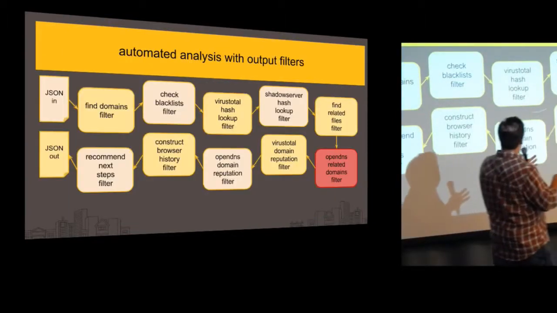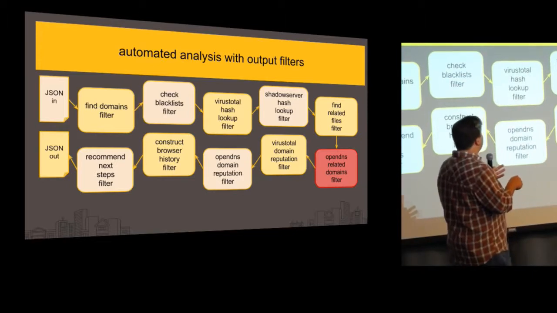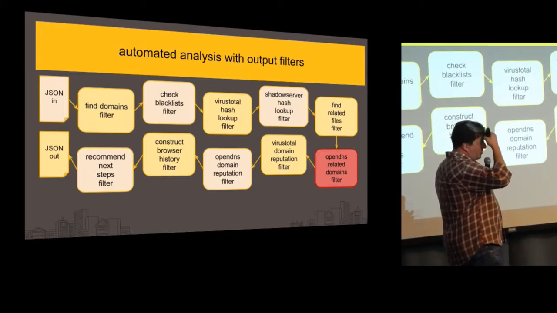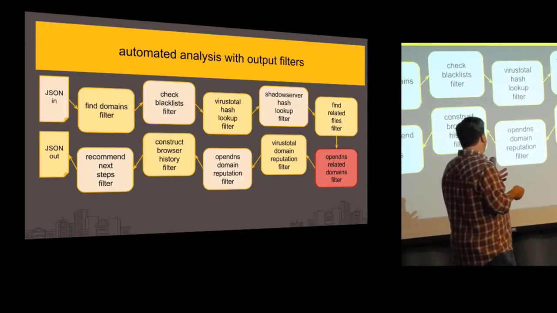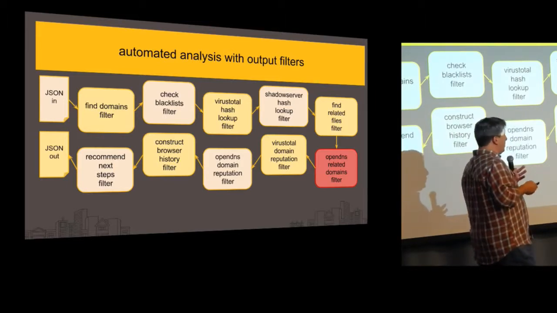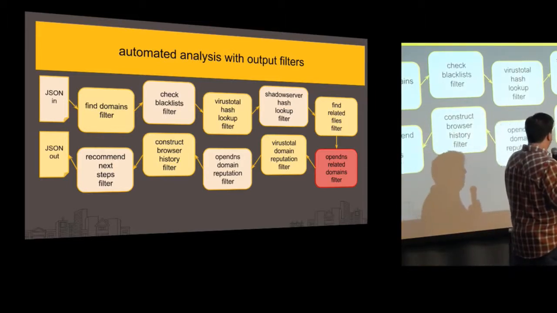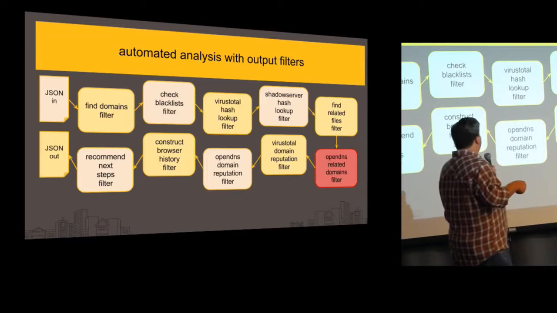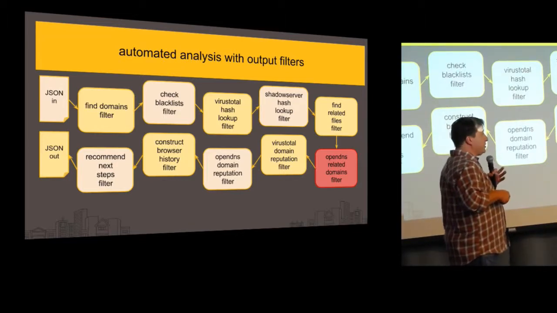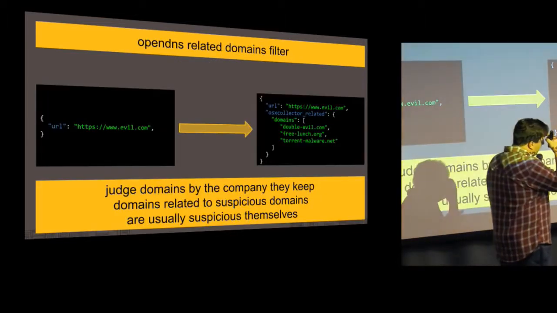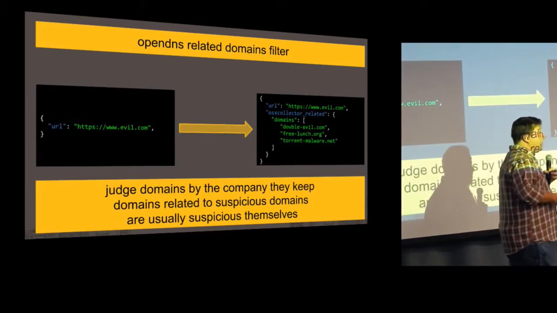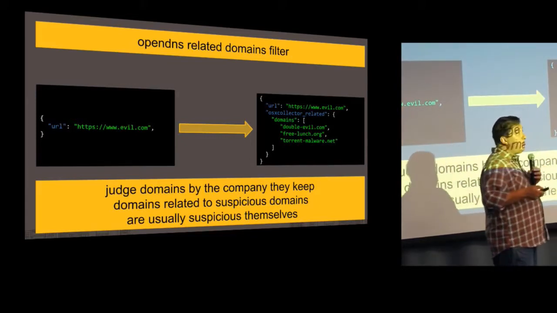So we do some other cool stuff. We go and talk to a bunch of services over the network that give us cyber threat intelligence. That's like a fancy buzzword, but I like fancy buzzwords. So we'll talk about the OpenDNS related domains filter. We pay OpenDNS money to use their APIs and learn about domains from them.